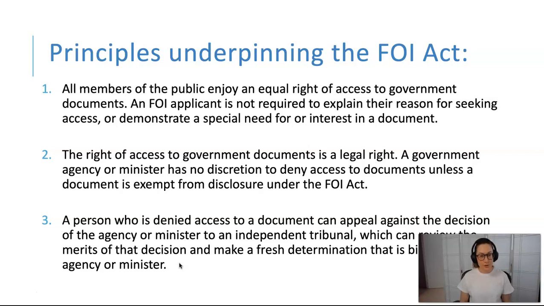But except for those reasons contained in the Act, an agency or government cannot refuse that right of access to a person requesting it. If a person is denied access to a document, then they have a right of appeal. For that decision, they can appeal to an independent tribunal, and then that can also be passed on to the federal court, and we'll look at those rights of appeal later in this video.